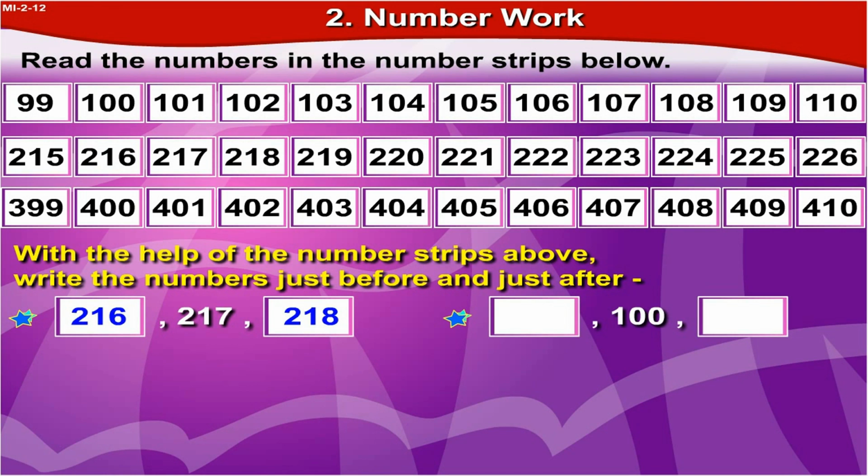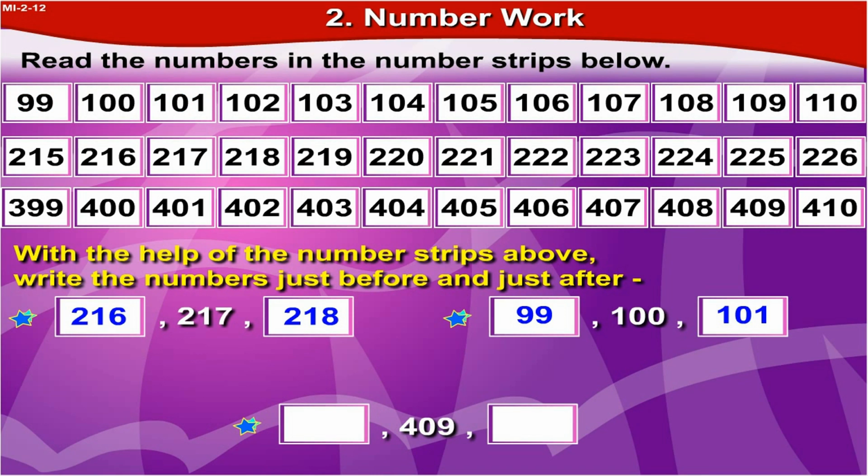Next is 100. 99 comes before 100 and 101 comes after 100. 409. If you check the strips, 408 comes before 409 and 410 comes after 409.